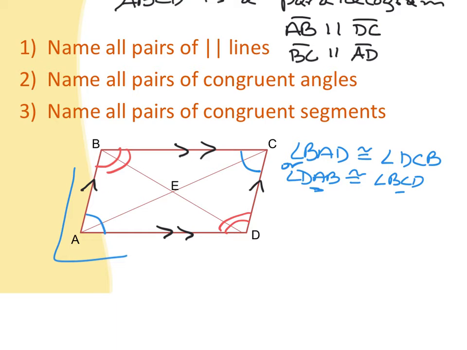Again, I need to name it with 3 letters. So angle ABC is congruent to angle CDA. Both of these are opposite angles, and I would use the opposite angles theorem, because opposite angles are congruent when it's a parallelogram.